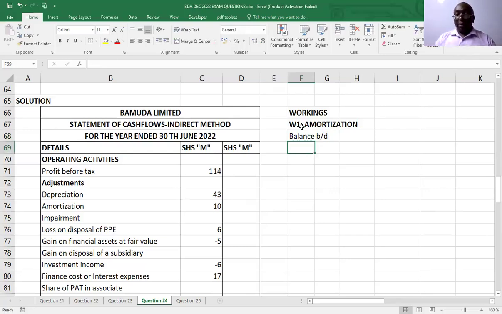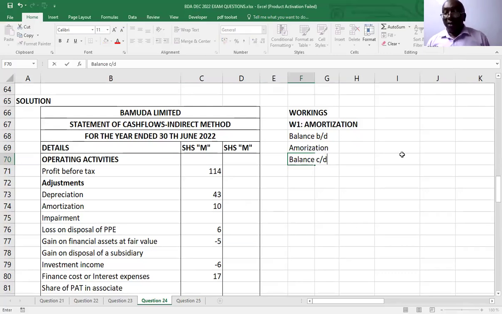Then we have the balancing figure, amortization, or the impairment, whichever term you can call it. There's not much harm. Amortization. Then balance carried down.